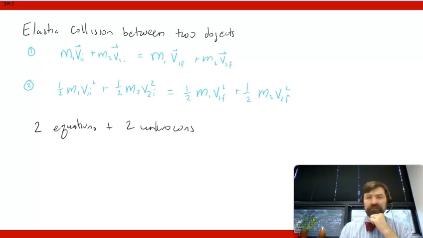Remember that in one dimension, this vector symbol over velocity basically is going to mean it's a positive or a negative term. It might be moving left, it might be moving right. If we go to two dimensions, then it gets a little more complicated because these vectors now have an up-down and a left-right component.